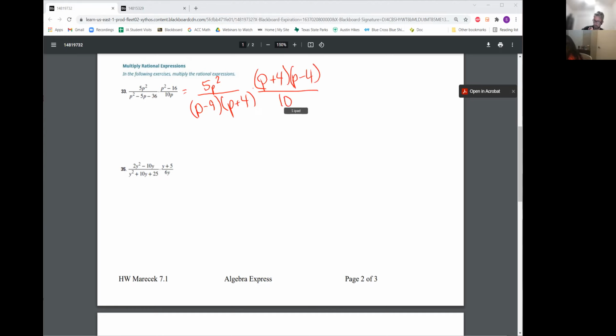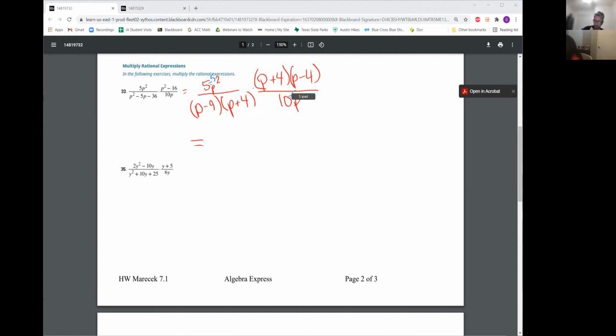And then what did you do? And then I just simplified. So I combined and canceled out the common factor of 5 and 10. Did you cancel first or multiply across first? I canceled first. Okay, so cross canceling first. So you divided the 5 by 5 and the 10 by 5?